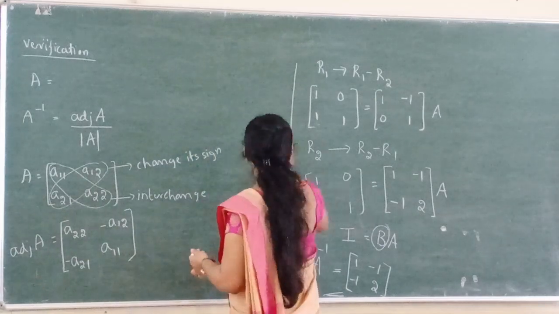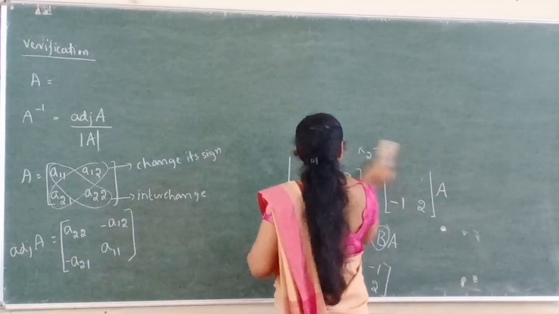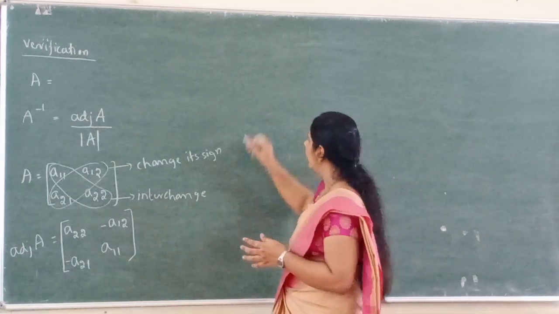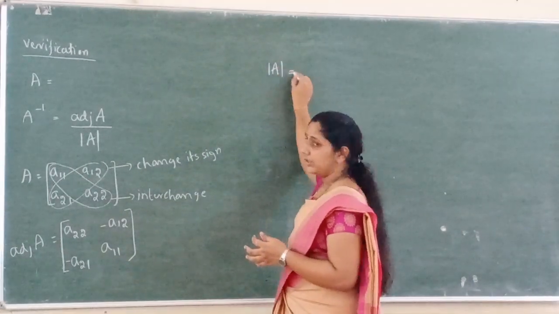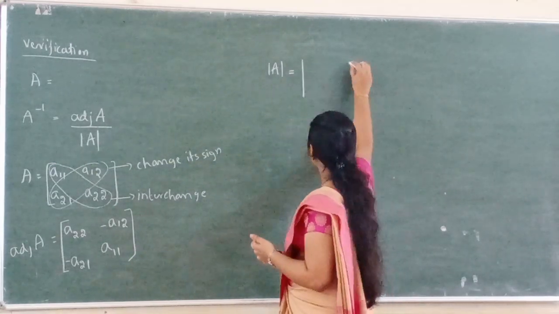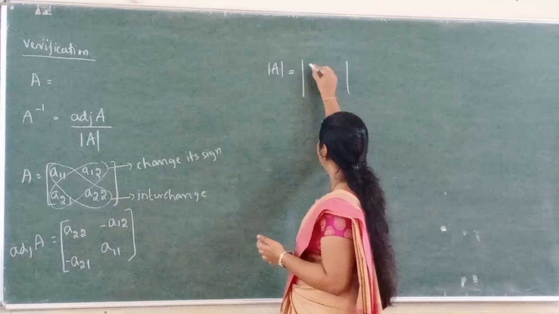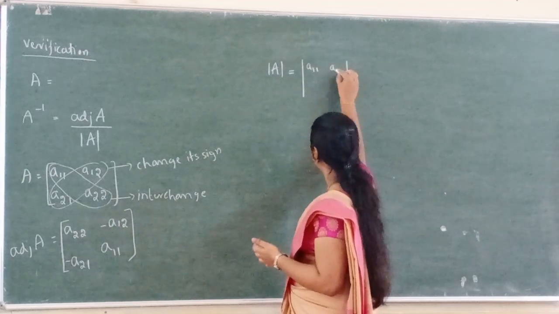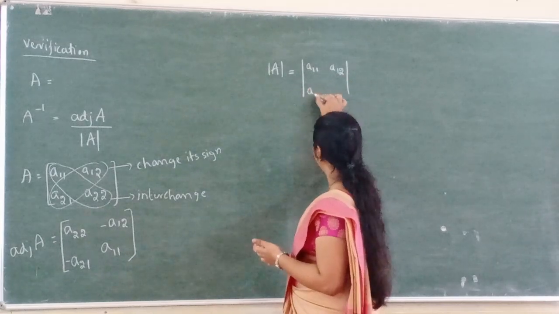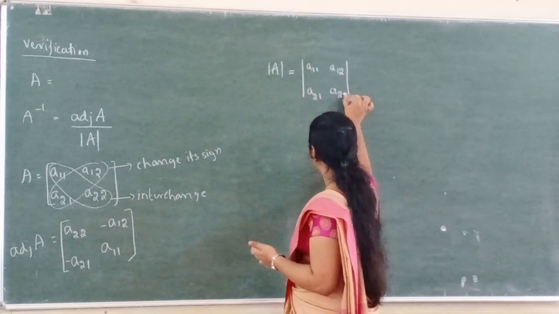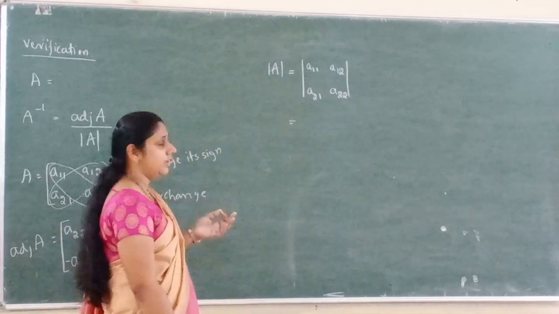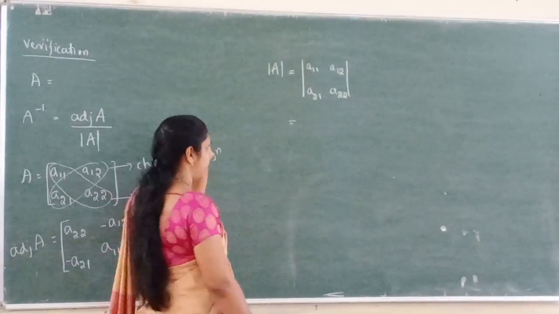Now we have to find determinant A. So determinant A, this is the symbol for determinant. You will learn about this in the next chapter. So A11, A12, A21, A22. See, a matrix is an arrangement, but a determinant is a number associated with the matrix.